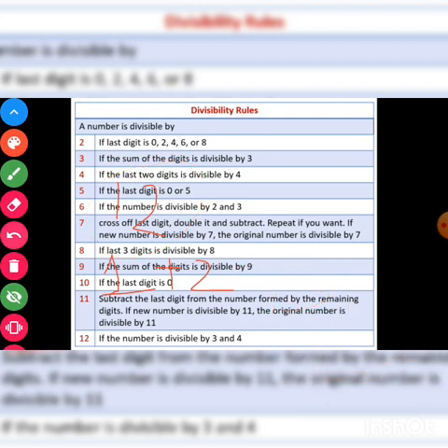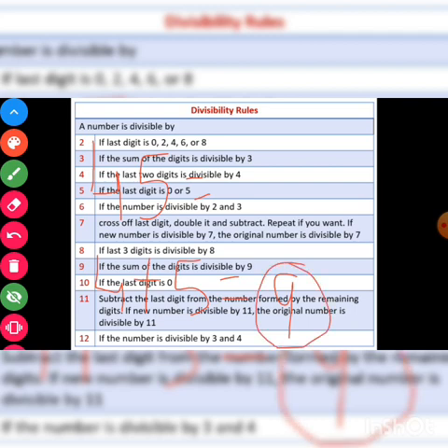One more example you can see. Suppose you have taken the number 45. Now let us find the sum of the digits of 45. So 4 plus 5 is equal to 9. And if you divide 9 by 3, it is completely divisible. That means 45 will be divisible by 3.